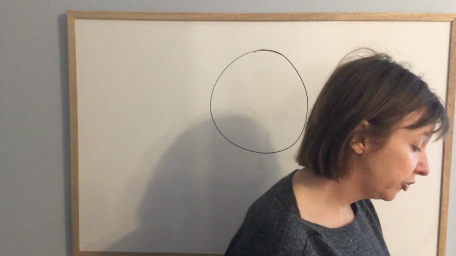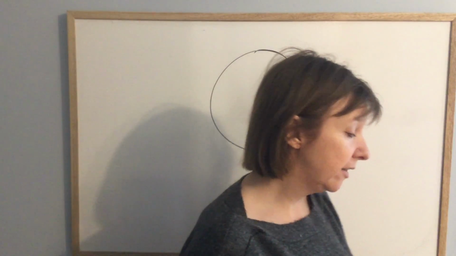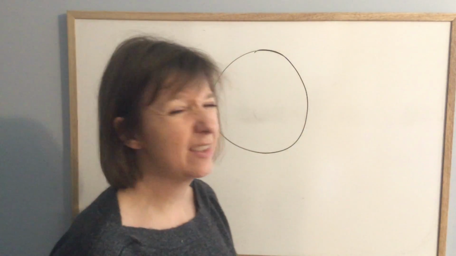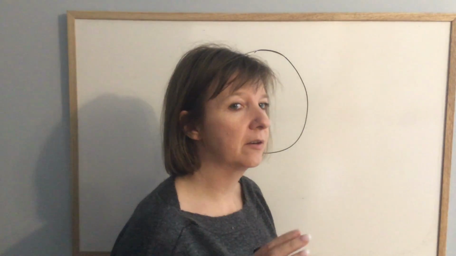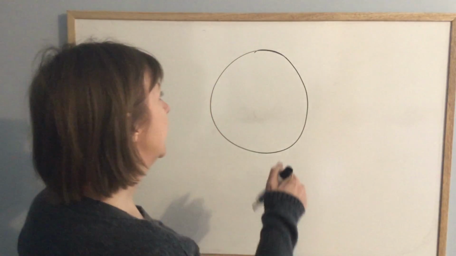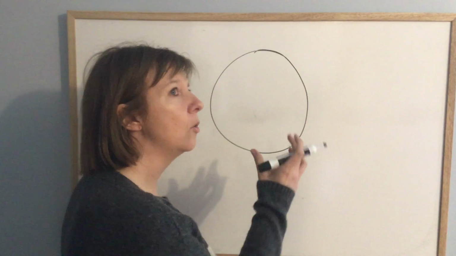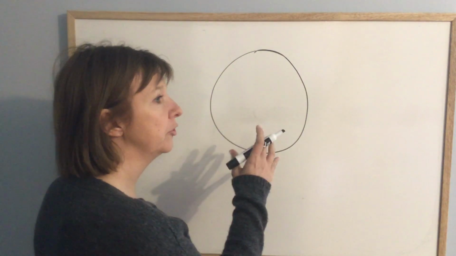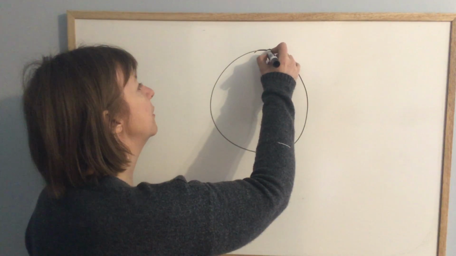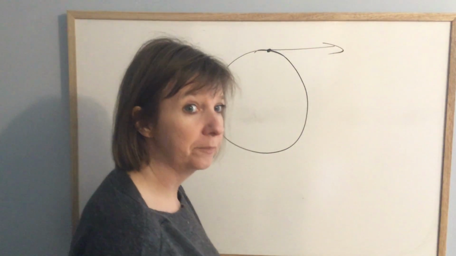The direction of the object's velocity is always tangent to the circle, which sounds really complicated but isn't. All it means is that if all of a sudden there was no force pushing you to the outside of that curve, say you were here, you would actually fly off in that direction.